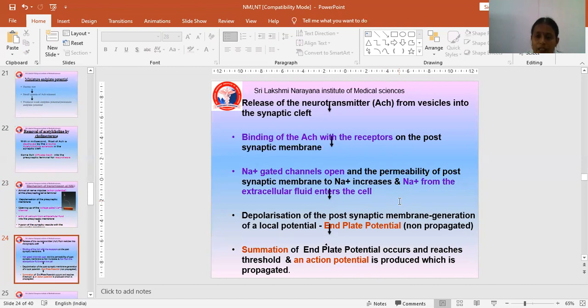This local potential change is called the end plate potential and it is not propagated. When it reaches the threshold level, it produces an action potential, which is propagated and leads to muscle contraction.